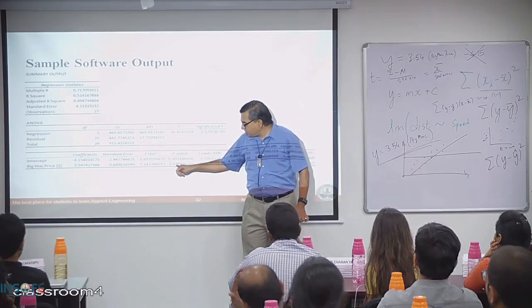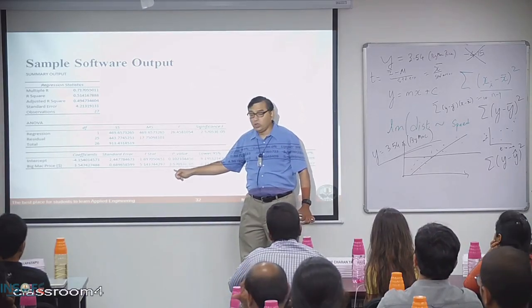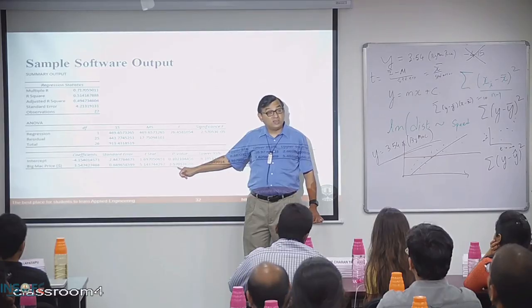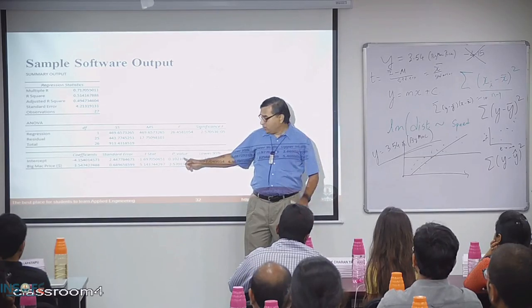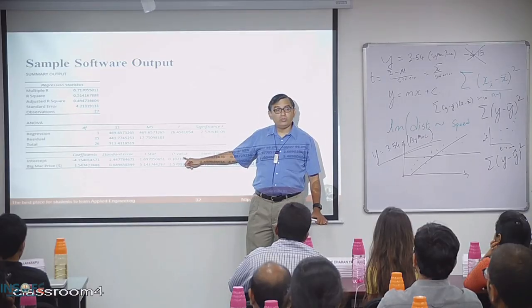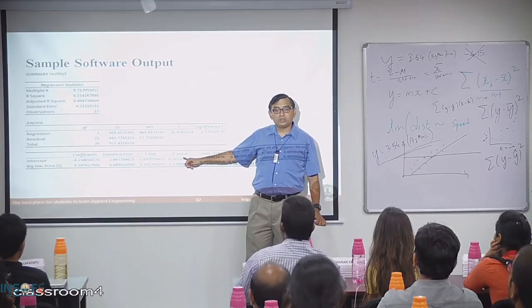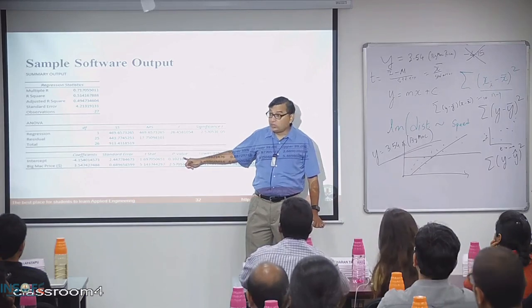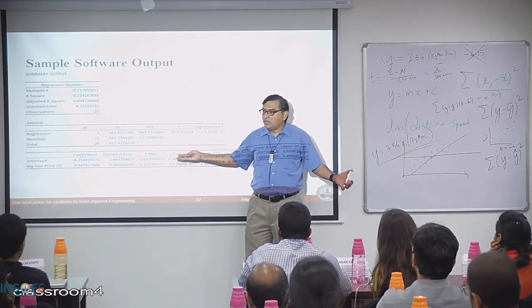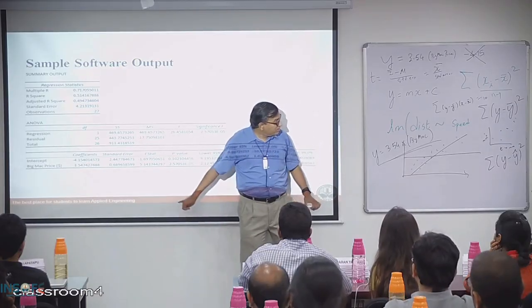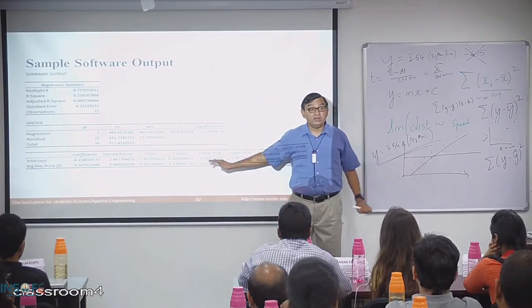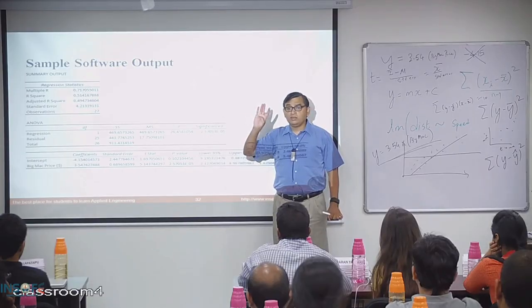In this case, this p-value is very small, so that is a significant coefficient. You should put that in the equation. This one, the p-value does not cross our 5% threshold, so we should ignore that coefficient. Adding that does not make any sense. So actually we leave out the intercept value. Is the idea clear?